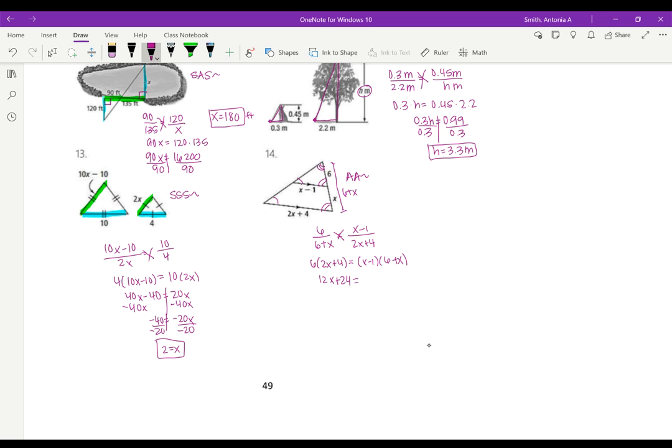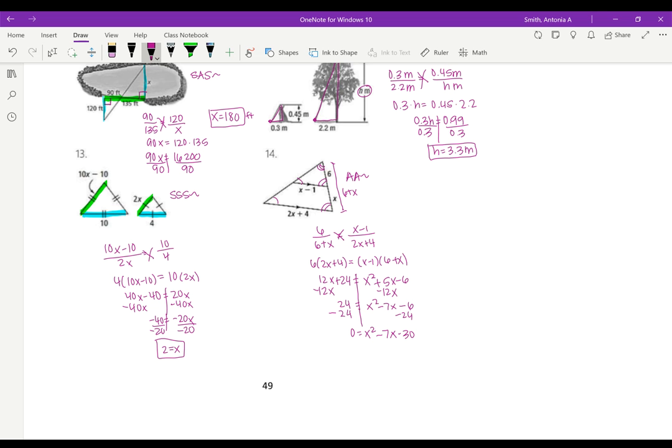When I multiply this out, I'm going to end up with x squared plus 5x minus 6. Now, because I have a quadratic, I need to get this equal to 0. So I'm going to subtract 12x from both sides, and then subtract 24 from both sides. So we end up with 0 equals x squared minus 7x minus 30.